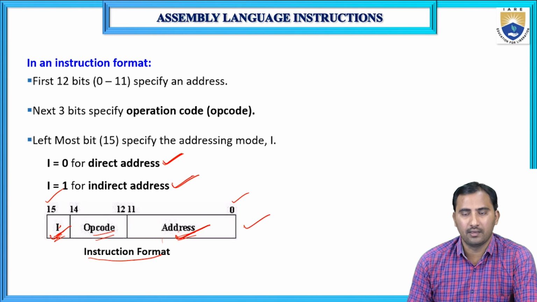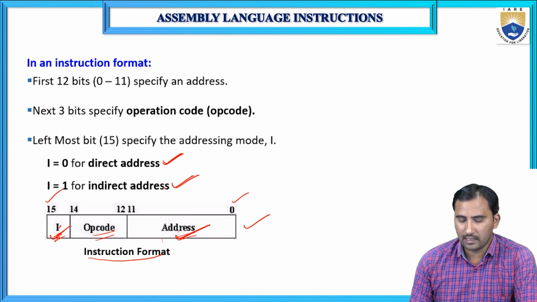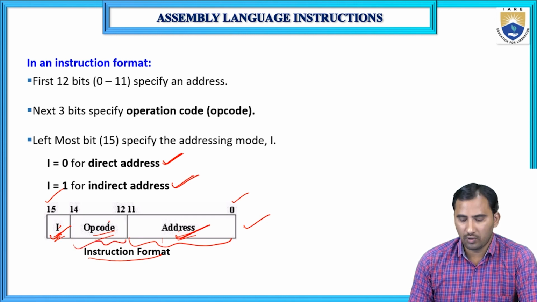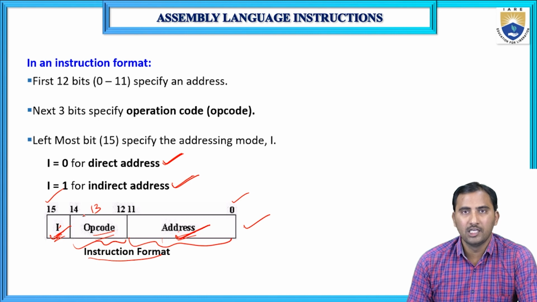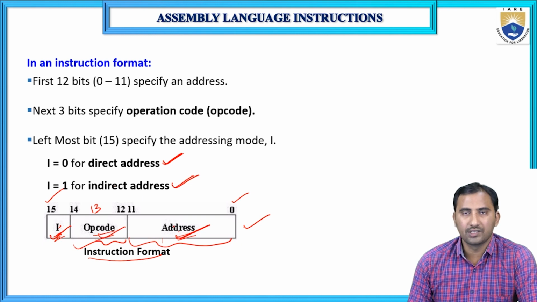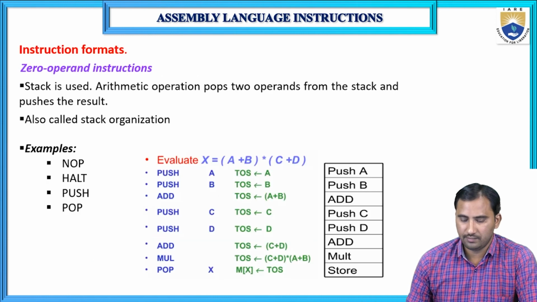So that is an indirect address. Bits 0 to 11 specify the address field, and bits 12 to 14, that means 12, 13, 14, these 3 bits specify the opcode. Okay. So this is about the instruction format.